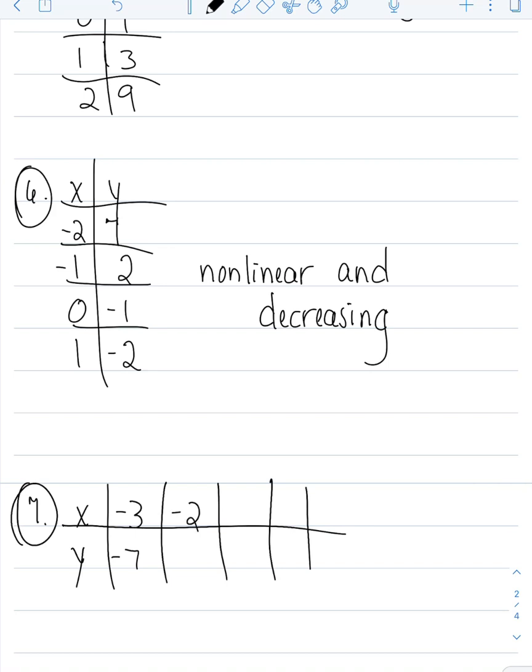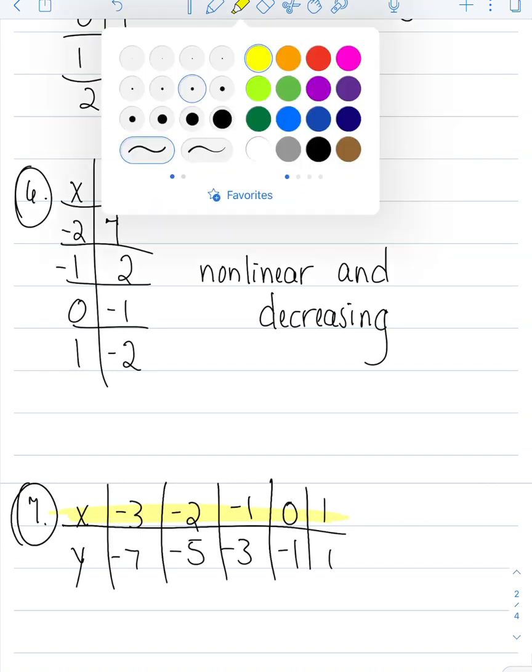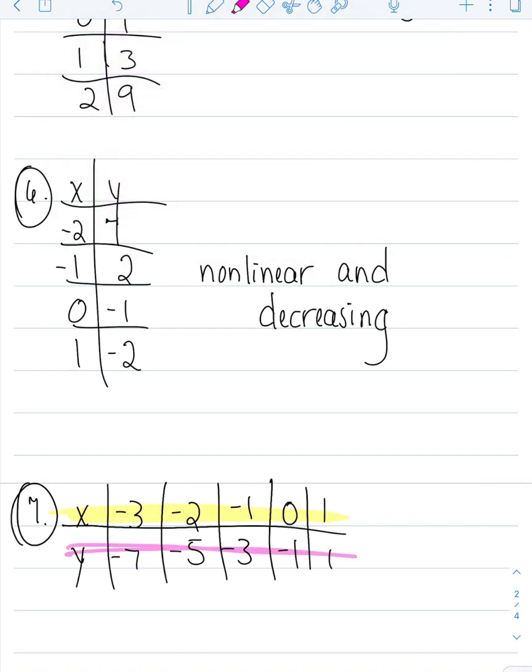My next point is -2, -5, -1, -3, 0, -1, and 1, 1. Here's what I want you to be really careful with when you put this into Desmos. Make sure your X's go in the X column and that your Y's go in the Y column.